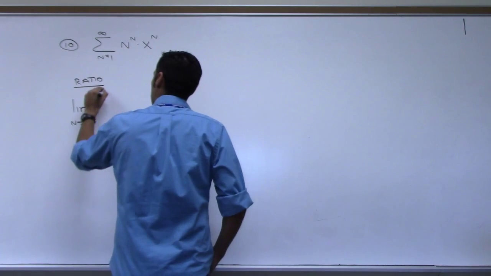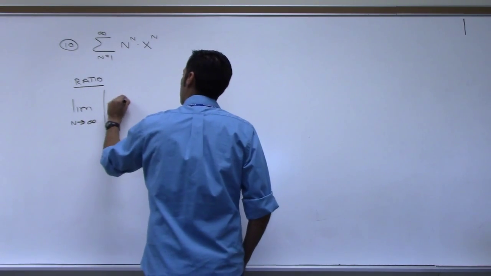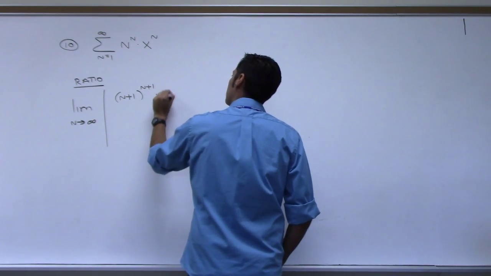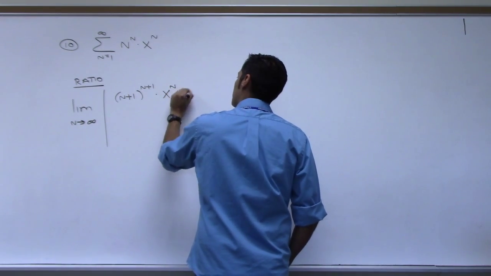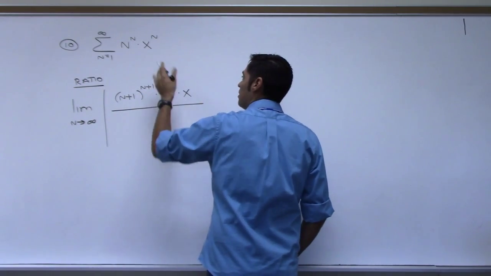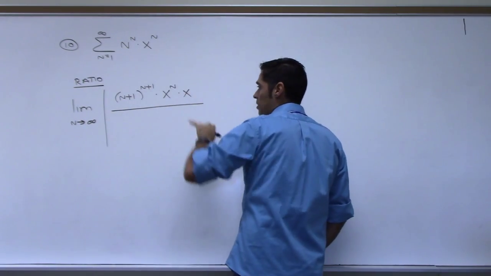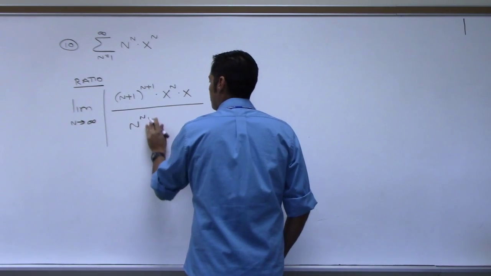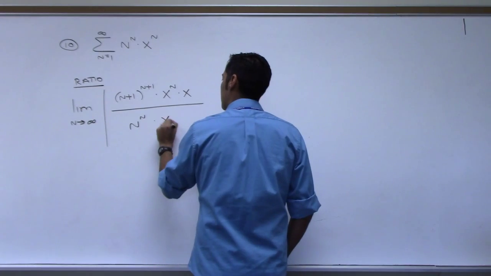So plug in n plus 1, you get (n+1)^(n+1) times x^n times x. So that's what happens when I plug n plus 1 in there. Divide that by, since it's not a fraction to start, I don't have to do that flippy thing, n^n times x^n.